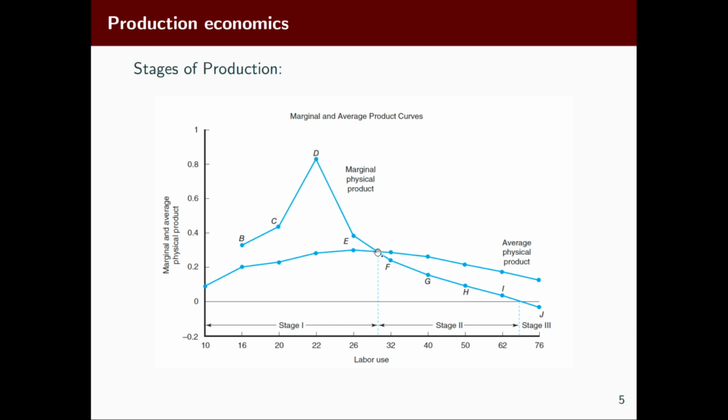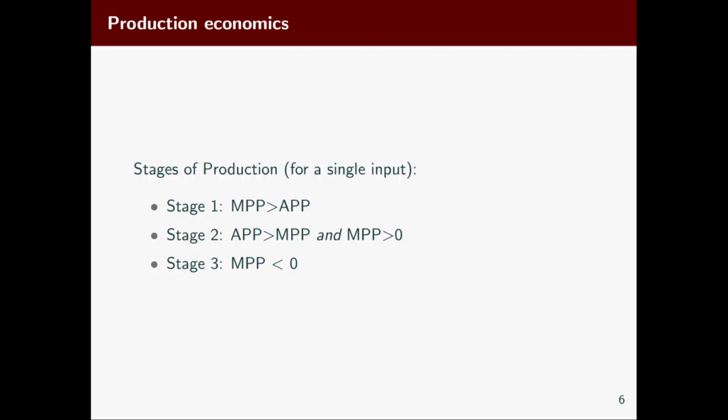Then they cross, they intersect, and then after that, APP is greater than MPP. We call that stage 2, and stage 2 continues until our MPP gets to 0. When MPP gets to 0, then we're going to enter stage 3 of production. These are all just names for different aspects of the production process, but if you'll remember from earlier classes, we would like to be in stage 2 of production.